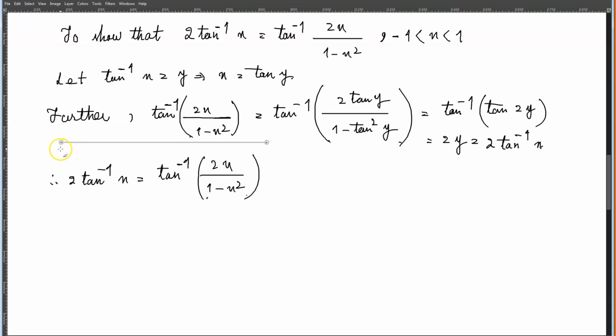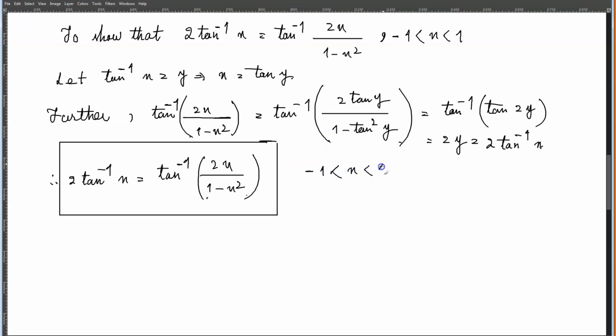And that is for x between -1 and 1. -1 is less than x is less than 1.